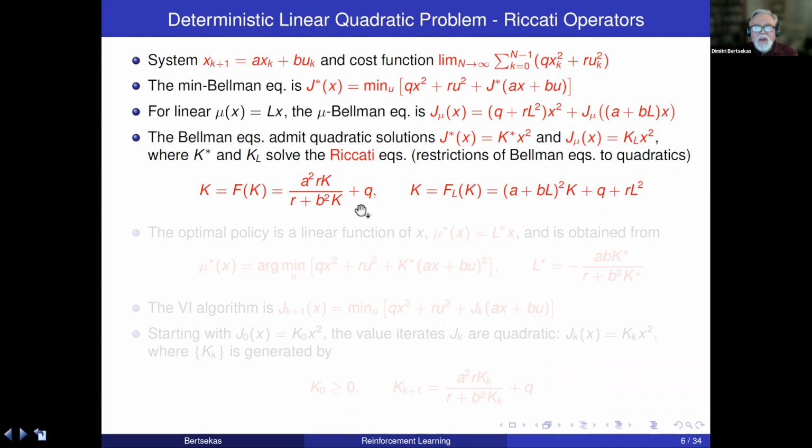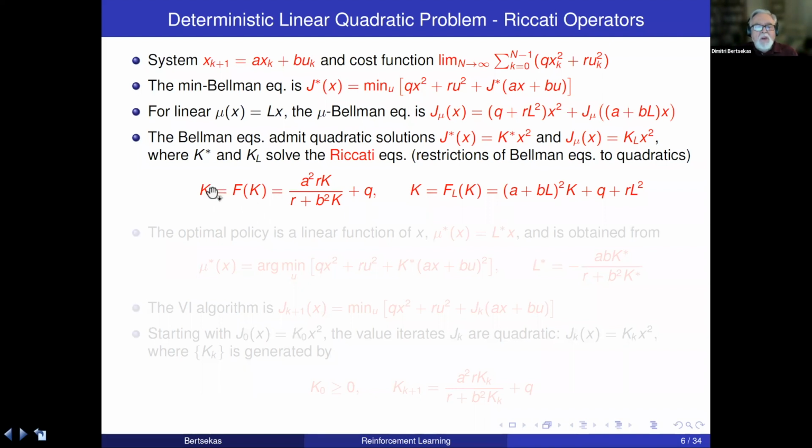Now here's the Riccati equation for the min operator, the one that's solved by K star. It involves this right-hand side, which is obtained from this minimization when we plug in K, X squared here. And I denote this entire function of K by F of K. And we call this the Riccati operator.